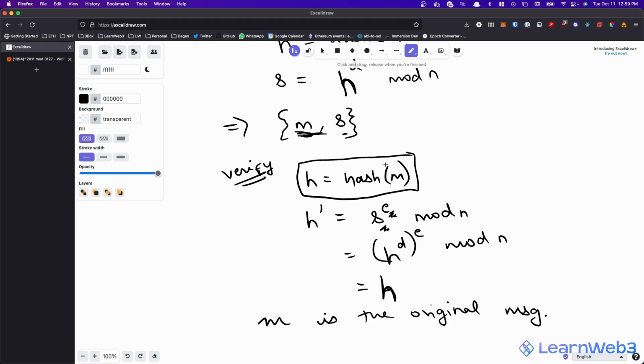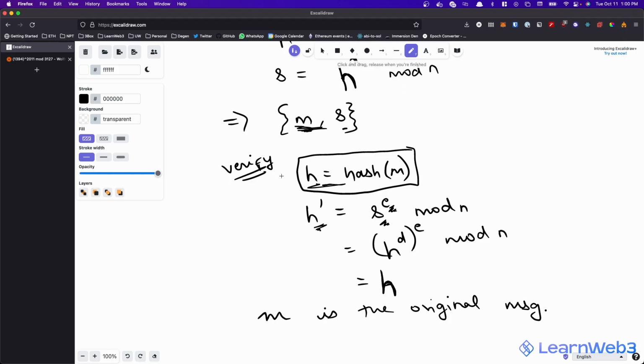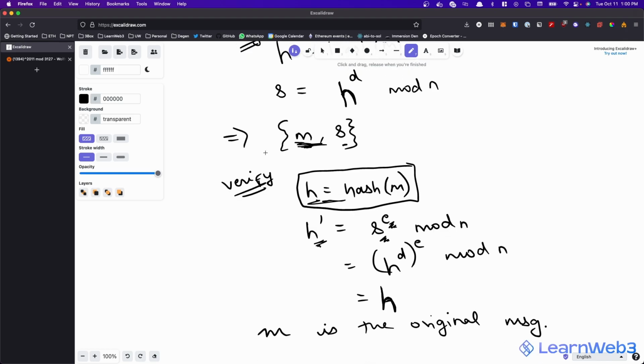When you go to verify the message, the hash of the message you end up receiving, which is not the original message, will be different from the H dash you calculate from my public key. And in that case, you can be assured that what you got isn't the message that I sent you, right? And this is how signatures work with RSA.